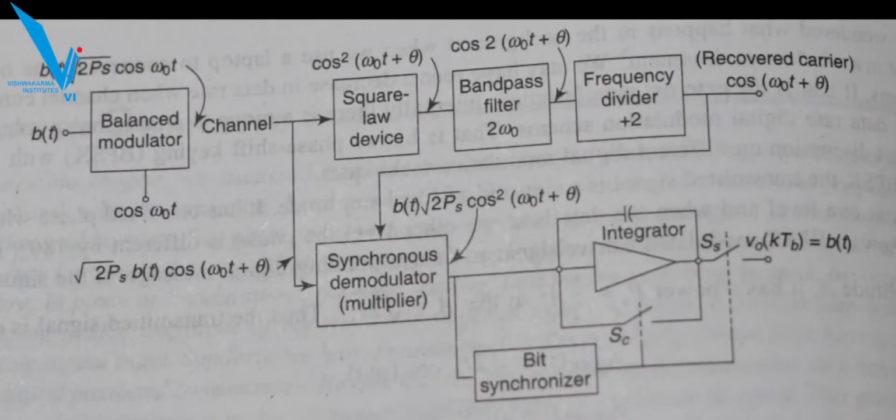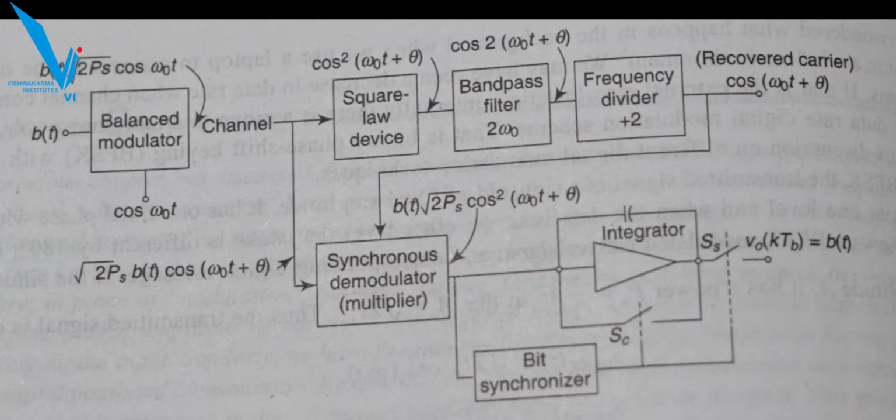Now to talk about the transmission. You have a modulator block to which the input given is your baseband signal, the 1 or 0 message signal, and another input is the carrier, which is cos of omega 0 t. The balanced modulator output is going to be the BPSK signal, which is the product of these two, given by B(t) times the square root of 2 PS cos of omega 0 t.